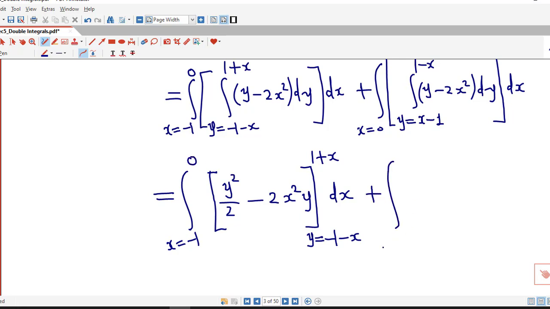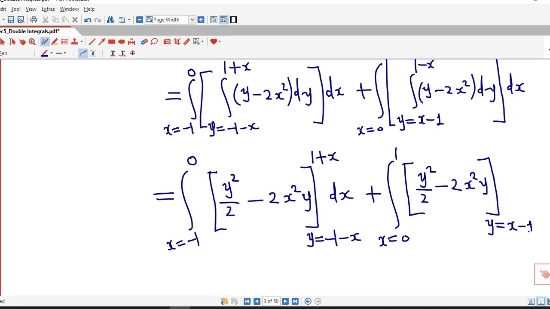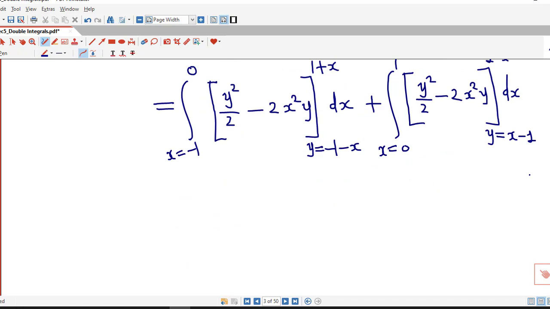Same thing here, x is from 0 to 1, the integral is the same, y square by 2 minus 2x square y, but here the limits of y are different. y is from x minus 1 to 1 minus x, integration with respect to x.